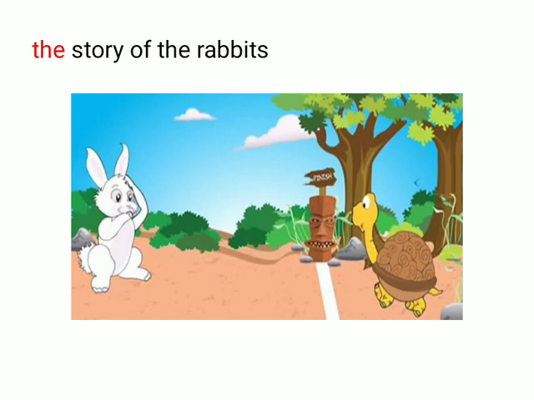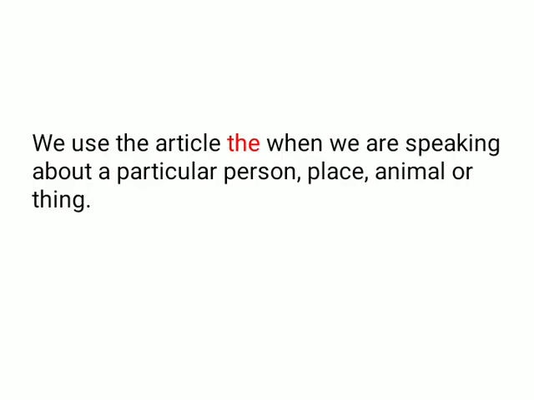So, what we have seen here in this example is that we use the article the when we are speaking about a particular person, place, animal, or a thing. As in the pics shown, the broken window, the country I visited, and the story of the rabbits.